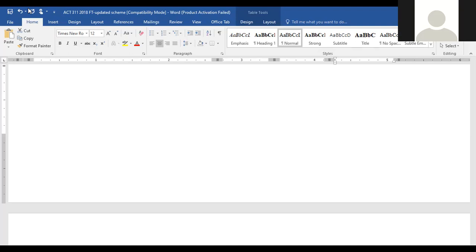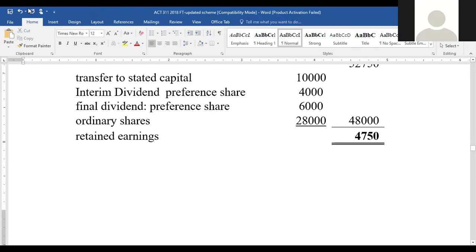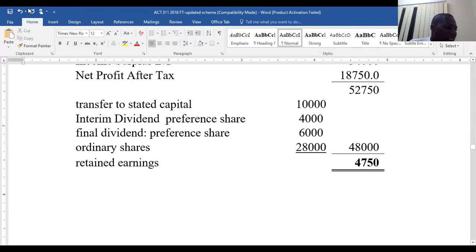So let's go to finance by stated capital. Under the stated capital, you have ordinary shares and you have preference shares.